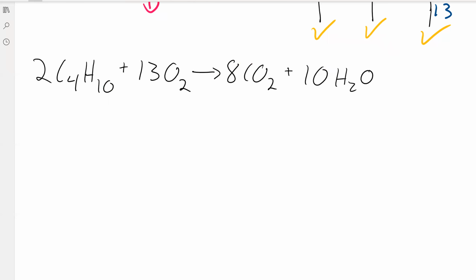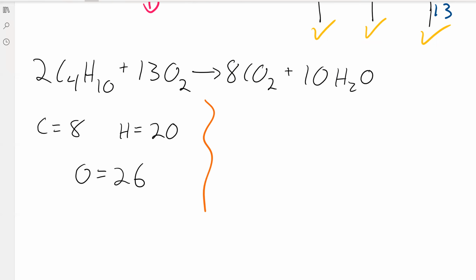Of course, we need to double check. We always want to double check. So let's see, on this left side, I've got 8 carbons, 2 times 4. I've got 20 hydrogens, 2 times 10. And then I've got 26 oxygens. Wow, my multiplication is not good. 13 times 2 is 26. On the right side, I've got 8 carbons. So that checks out there, right?